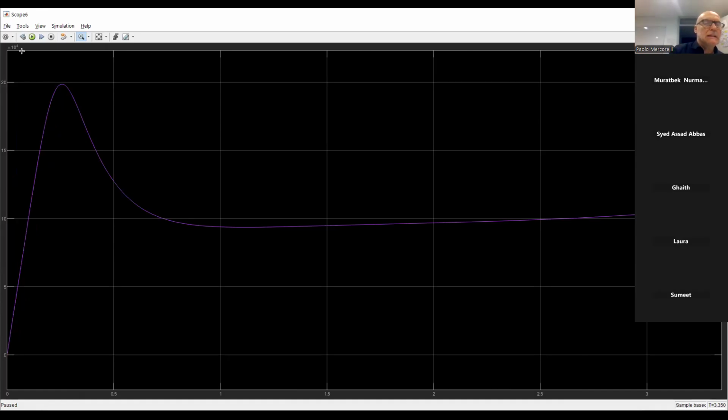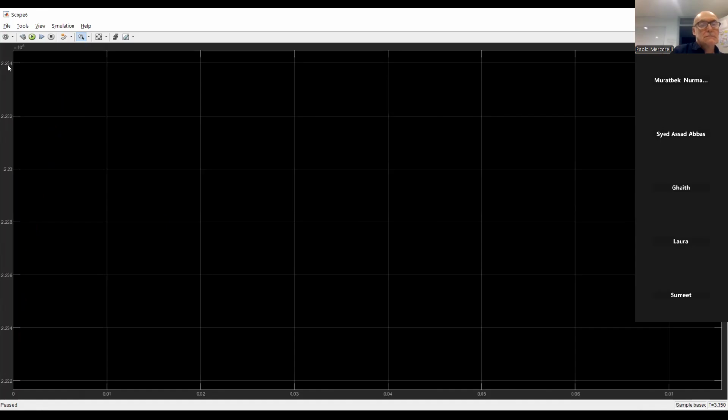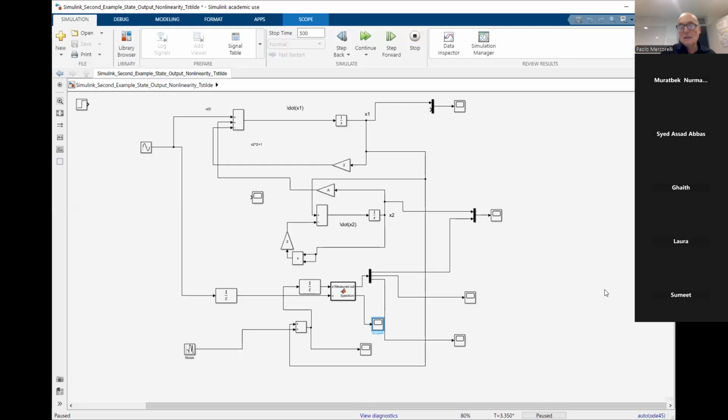I'm not able to read the value here. 10 up to 5. This is a little bit strange. Let me see the approximation of A.